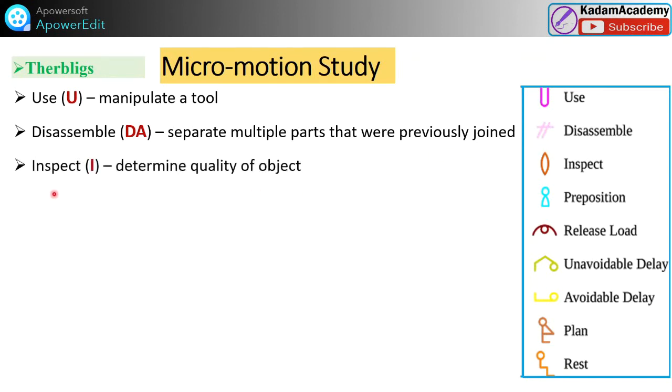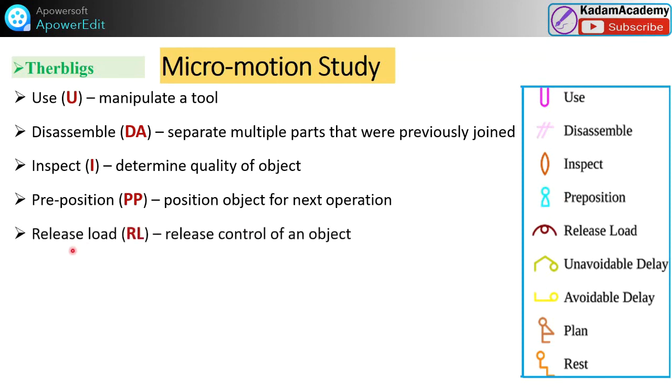Next is inspect, represented by the symbol I, to determine the quality of an object, and the symbol for inspect is like this. Preposition, PP, is to position an object for the next operation. It is represented by this symbol, and you can write the word PP or the symbol like this.